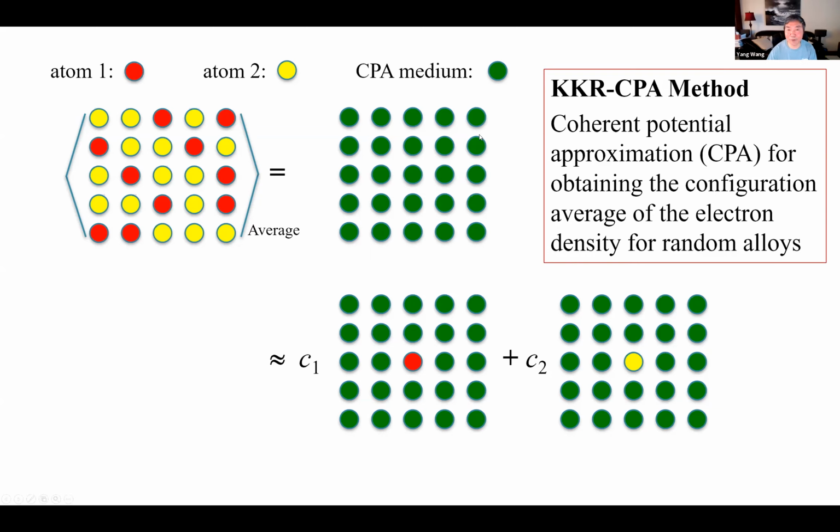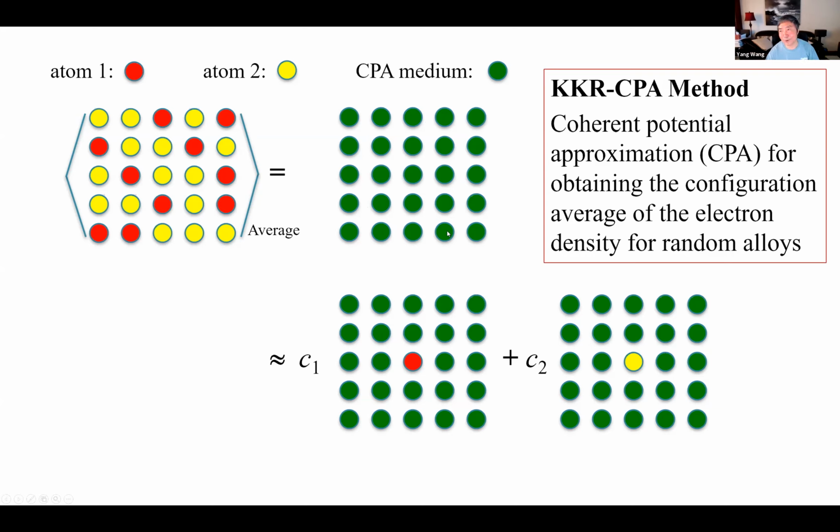The nice thing about the effective medium is that all these virtual atoms are exactly the same. So this is a simple crystal problem. We need to find what this virtual atom is.